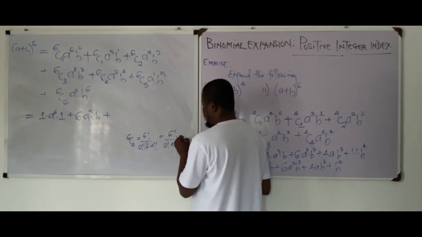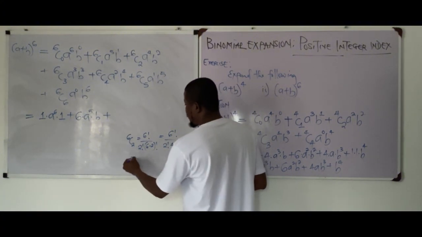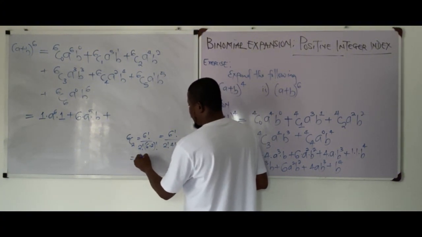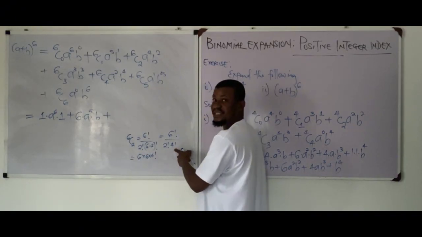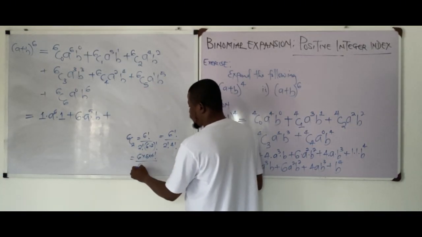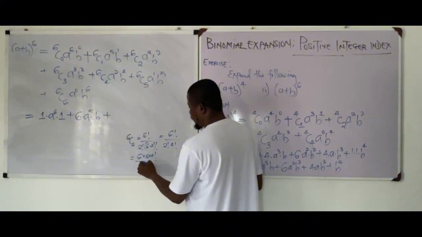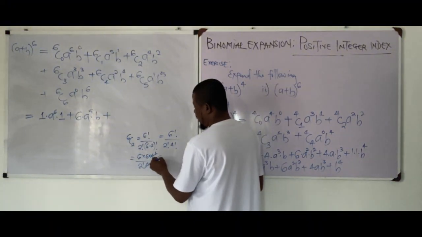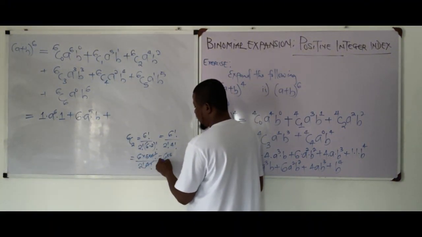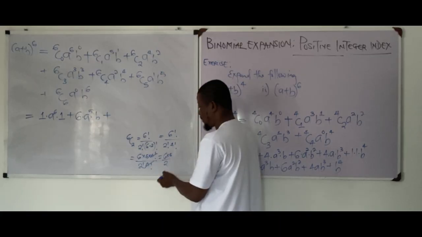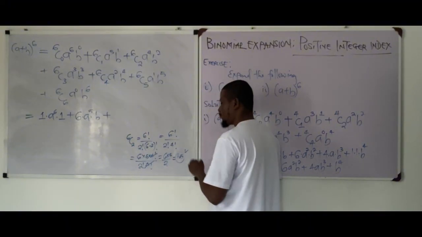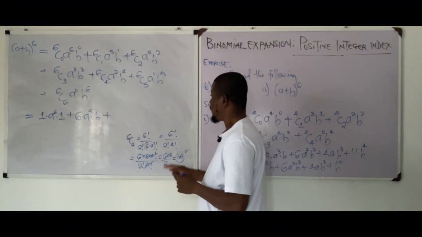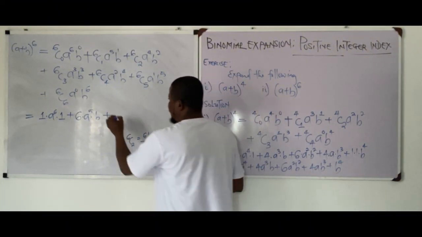This is 6 times 5 times 4 factorial. I'm going to drop the 4 factorial because I'm seeing 4 factorial here, all over 2 factorial, 4 factorial. This clears this. So I have 6 times 5 divided by 2, because 2 factorial is 2 times 1. So definitely this is 30 divided by 2, which is 15, right? All right. So 6 combination 2 is 15.